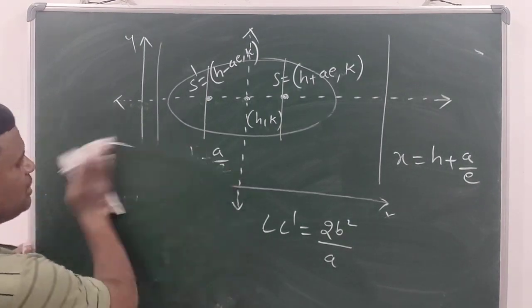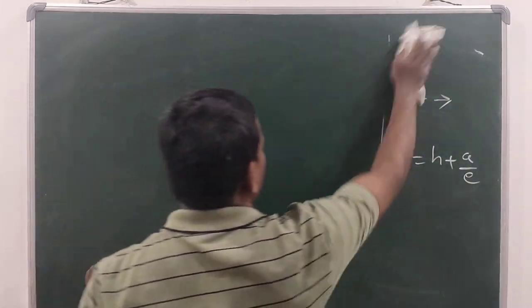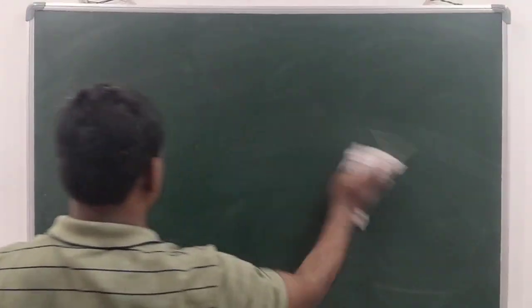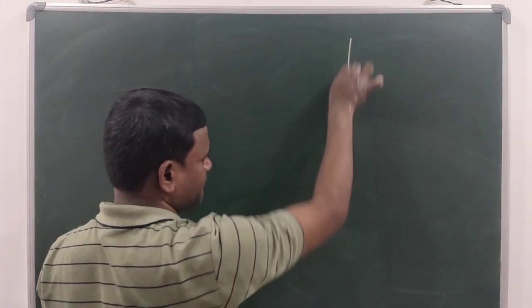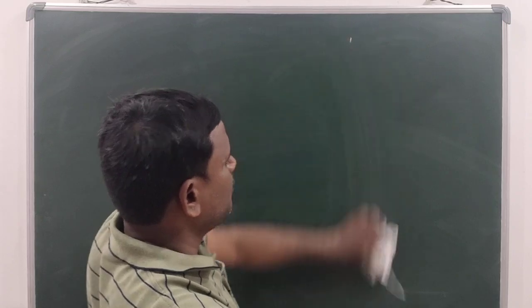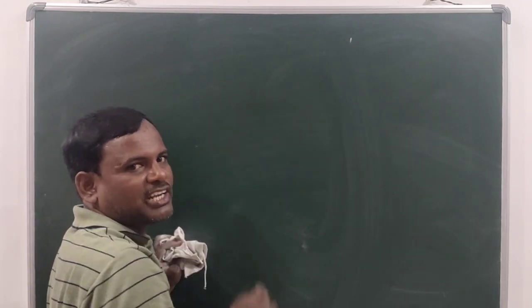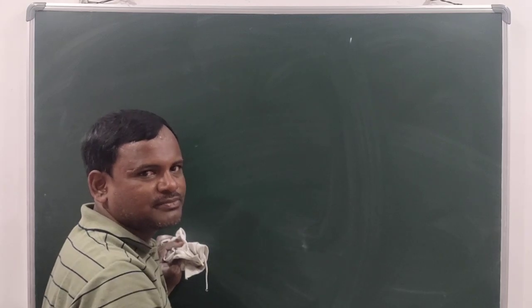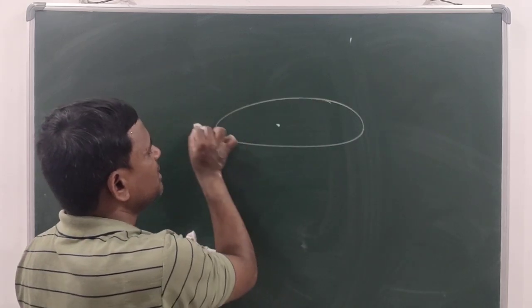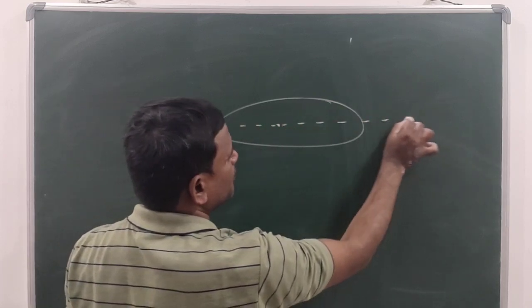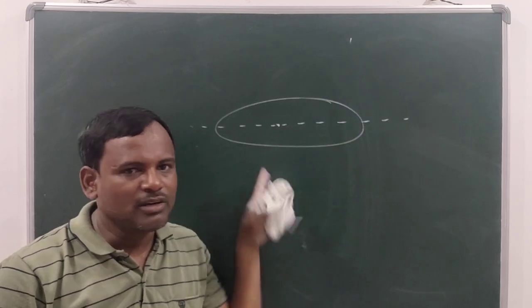If the major axis is parallel to the y axis, then how do we get the standard form? Let us see. For the previous one, what is the equation of the major axis? That major axis was parallel to the x axis.